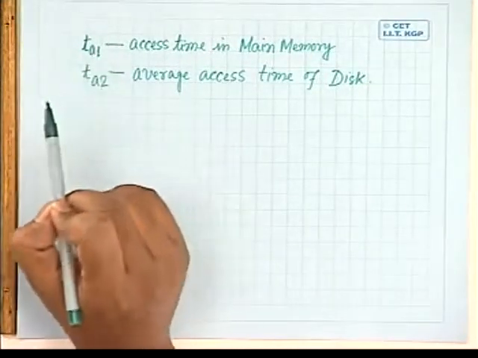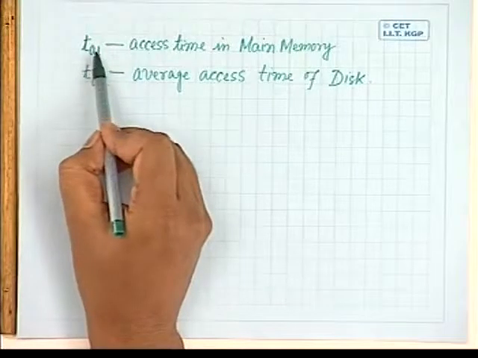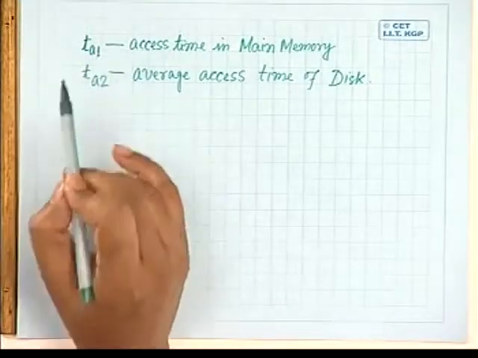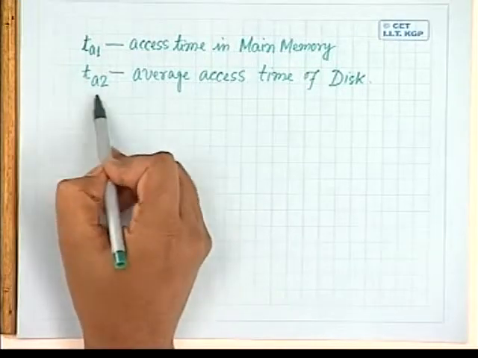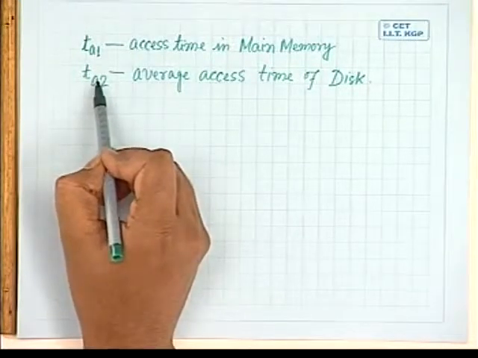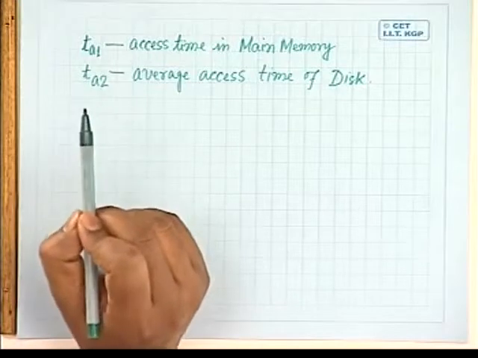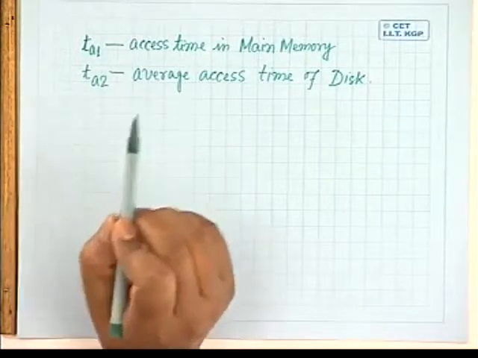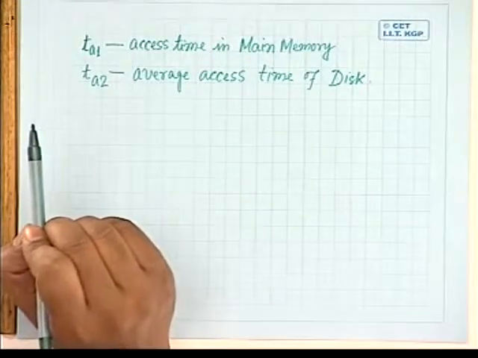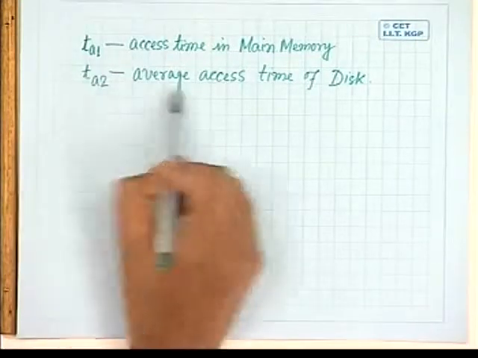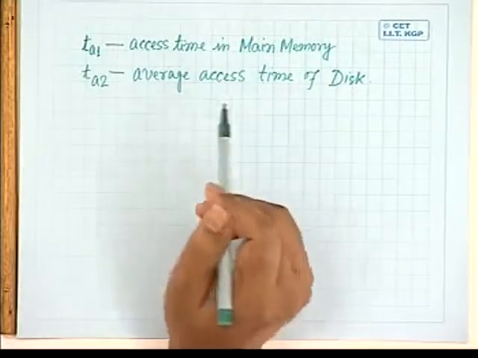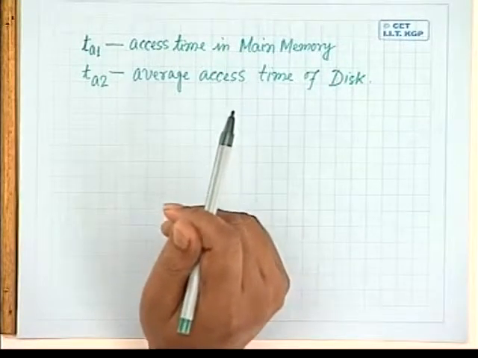TA1 is usually fixed. This being main memory, the time taken to access any location in the main memory is usually fixed. Whereas TA2 is not fixed, because this depends upon the position of the read-write head with respect to the disk. Okay. So if the byte that you are looking for, or in case of disk it is the block, I cannot access a single byte or a single character from the disk.